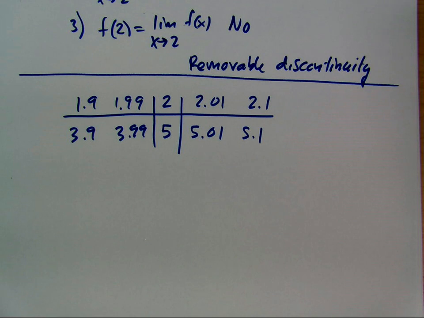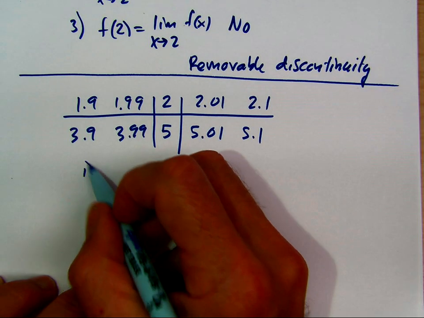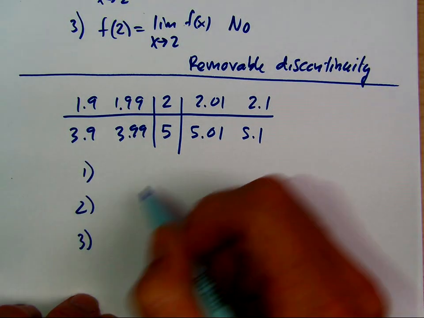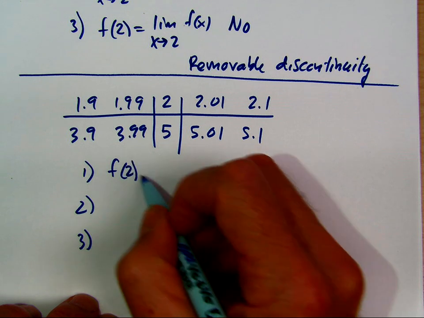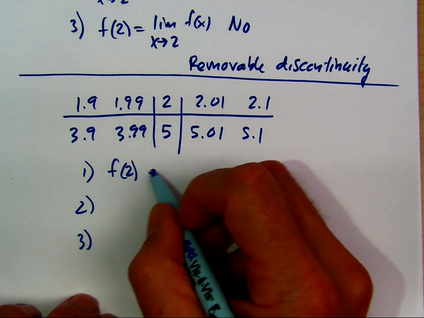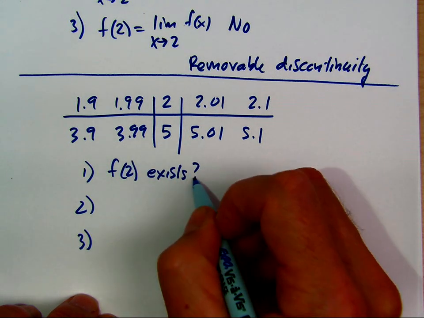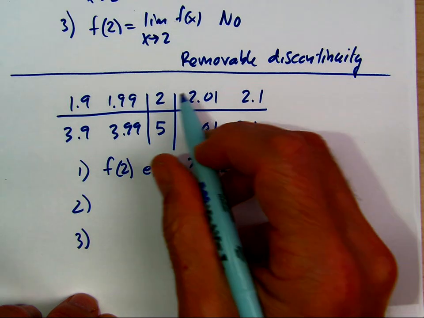Pause the video and try that. f of 2, does that exist? Yes, f of 2 is 5.